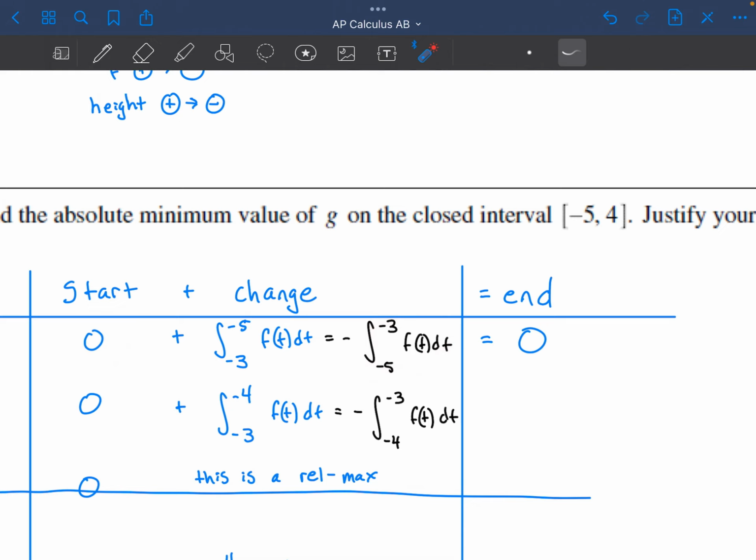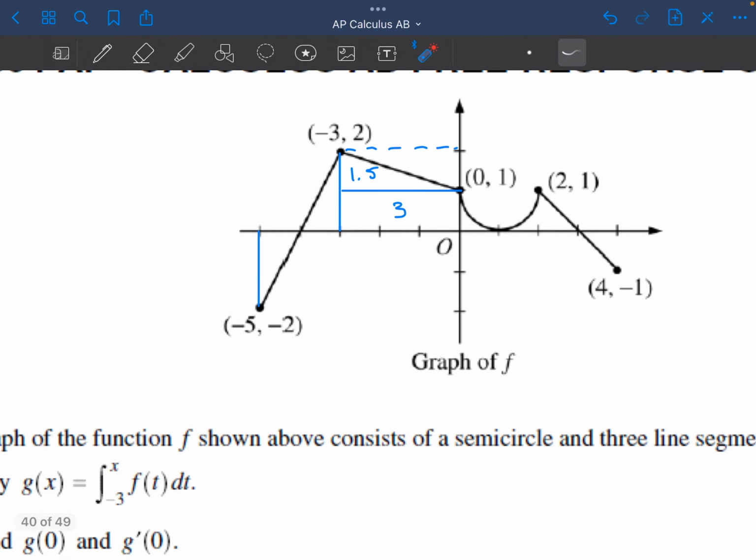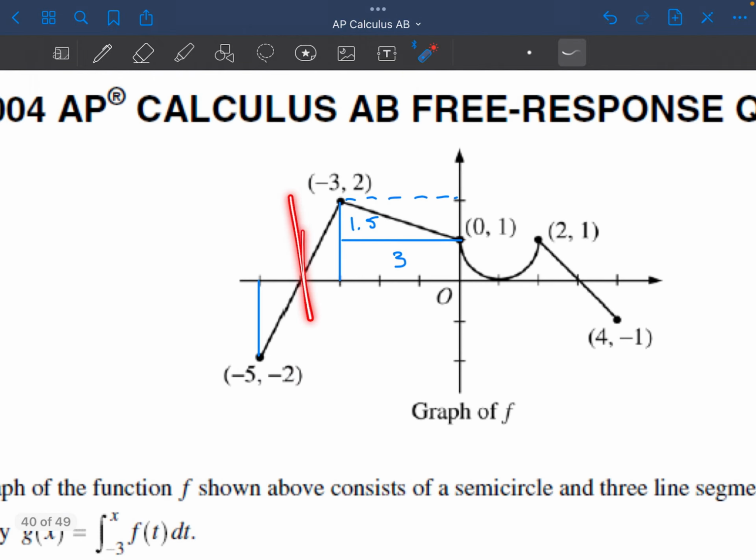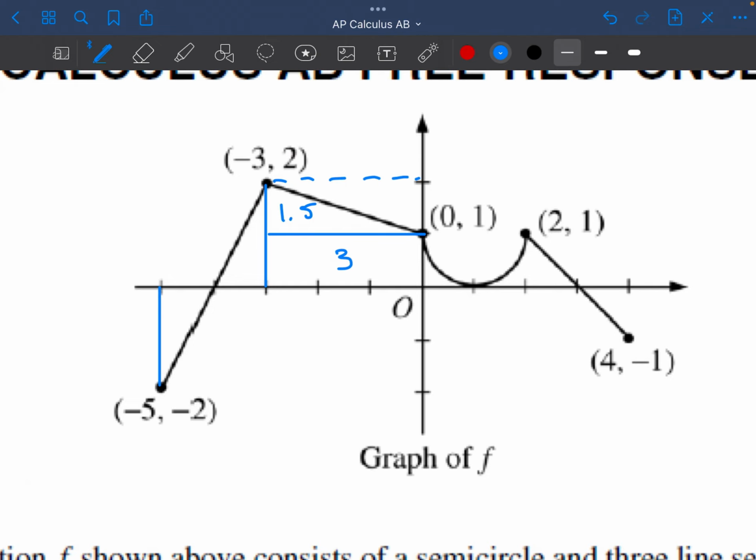This one is going to be a little bit more engaging because we have -4 to -3, and we won't forget about that negative also. But between -4 and -3, coming back up to the graph, means I'm going from this spot to this spot, which means that I'm only asking for the area of this triangle. So finding the area of that triangle, notice that we have a width here of 1, a height of 2.